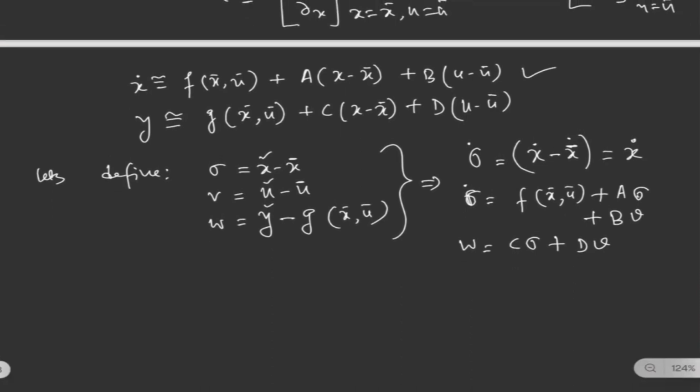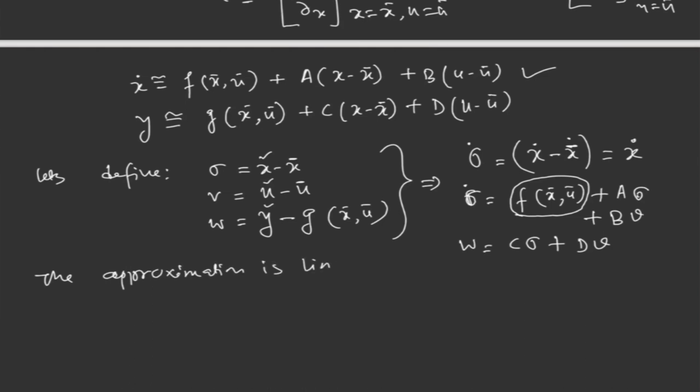Also it should be noted that at the equilibrium point, this function yields 0. Or we can write that the approximation is linear when f of x bar, u bar equals 0.